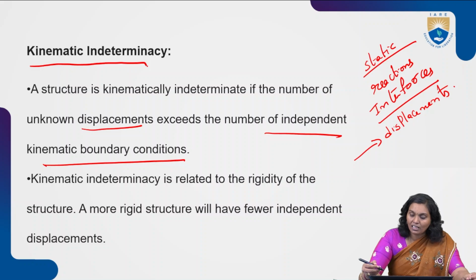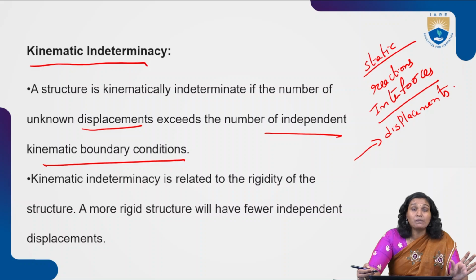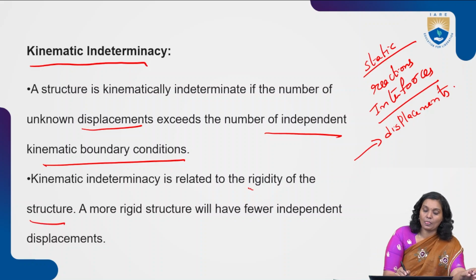In static, it depends upon the reactions as well as the internal forces. Coming to the kinematic indeterminacy, the various displacements exceed the number of independent kinematic boundary conditions. Kinematic indeterminacy is related to the rigidity of the structure.